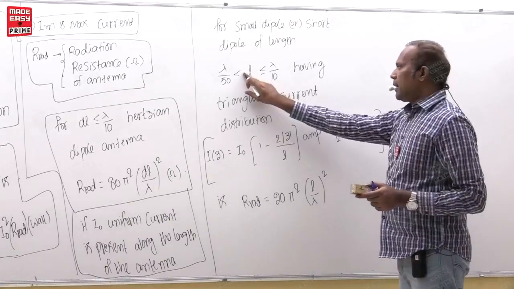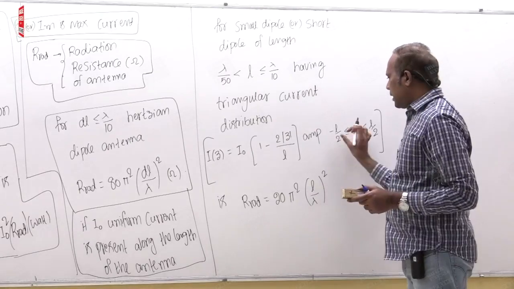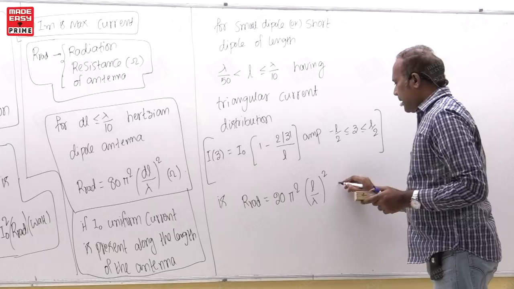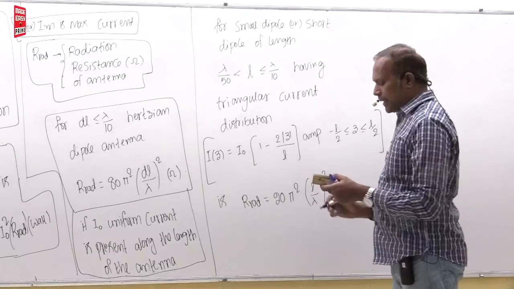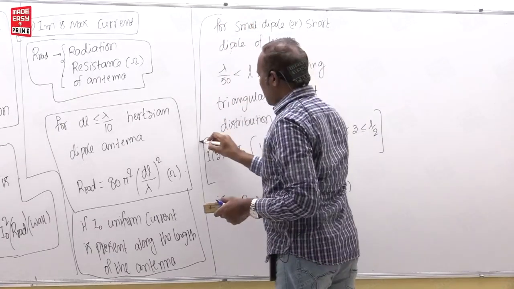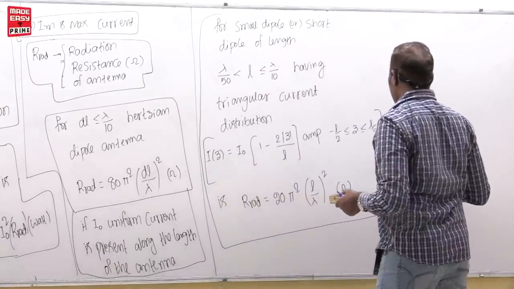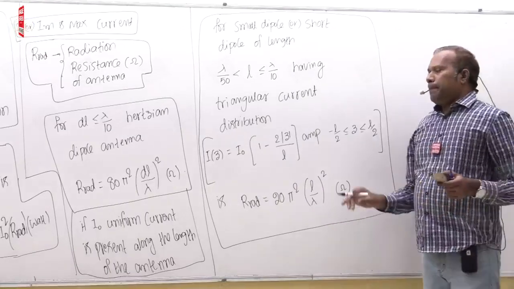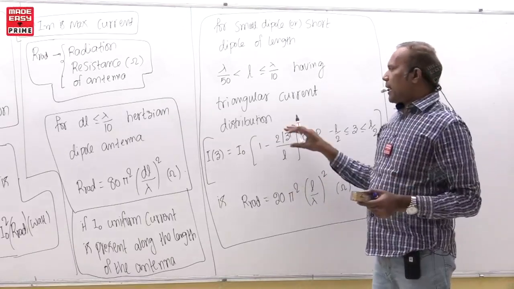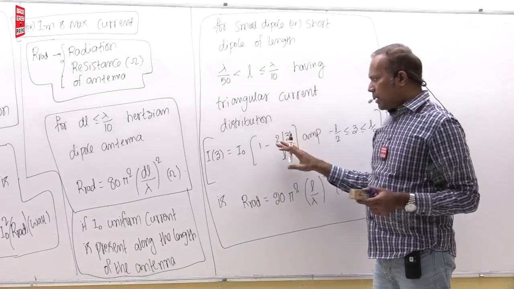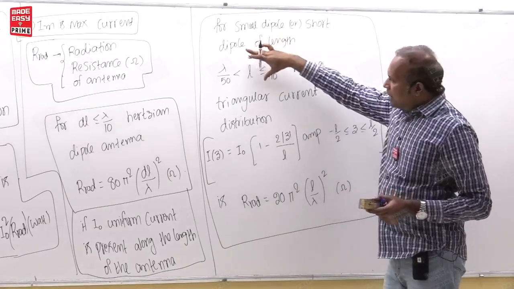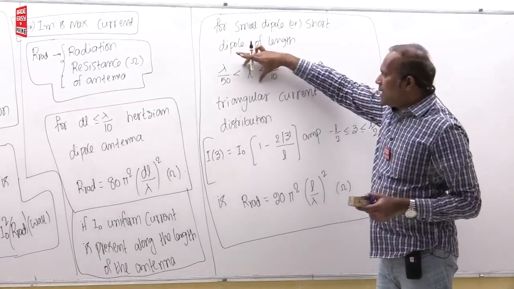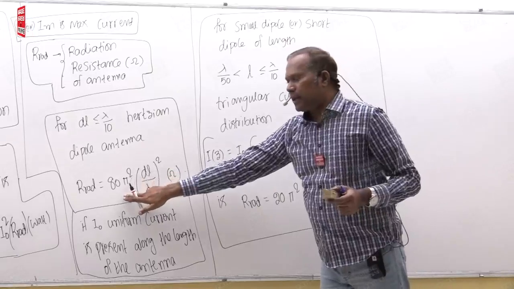Here I wrote L. If I write dl here, then here also dl by lambda whole square, then dl by 2, minus dl by 2, like that you will be writing, this many ohms. Now, in examination, if triangular current distribution is not given, and uniform current distribution is there, then for this range also the formula is this only, student.